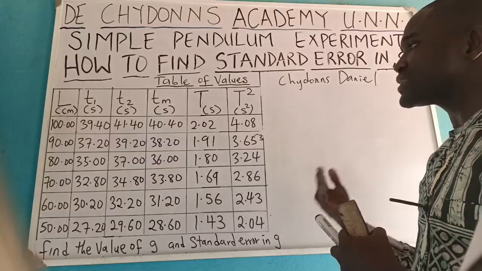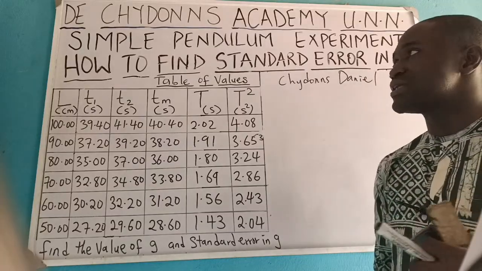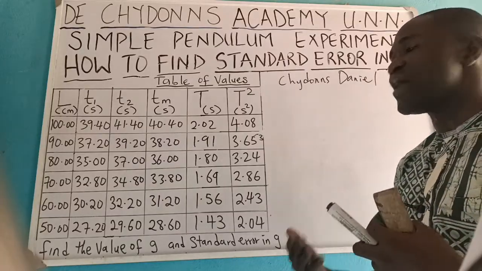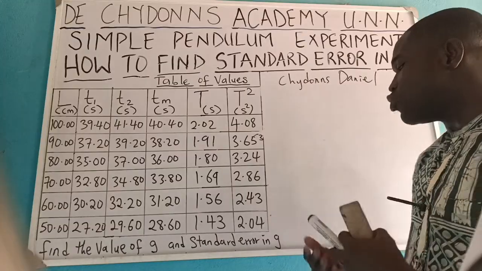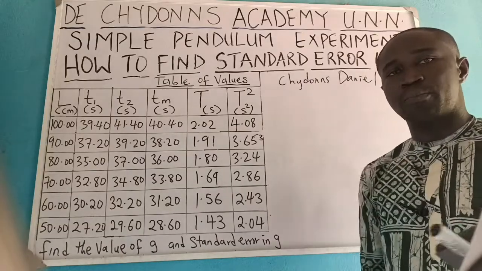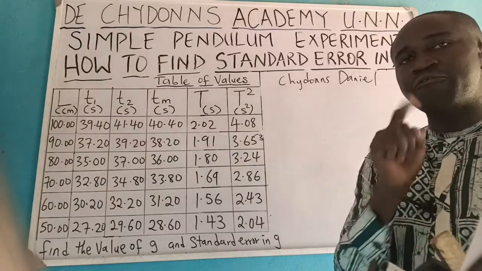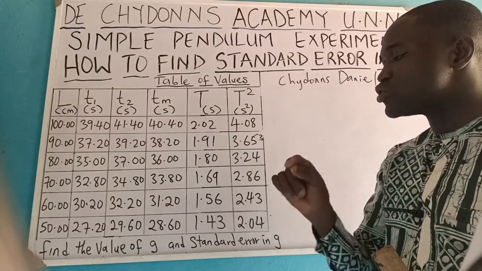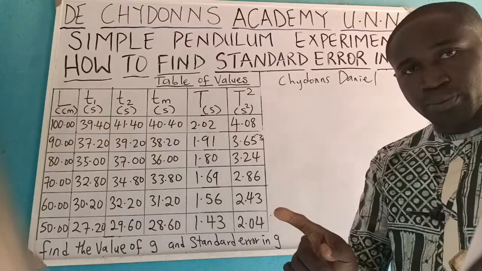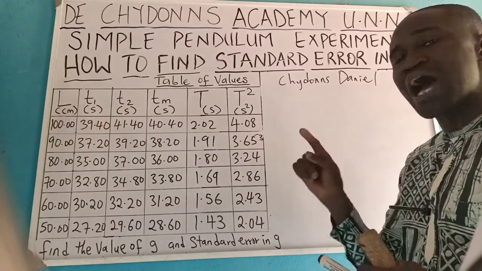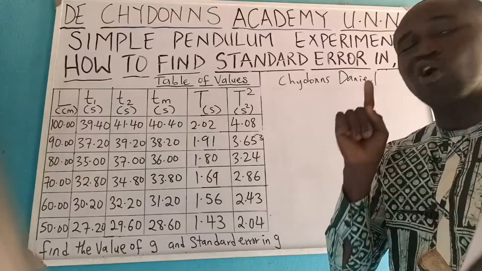Now some persons came to my DM to ask, please, how do we find our G? How do we find error in slope? How do we find standard error in G? In that video, I discussed how to get your slope, and I also discussed how to get your error in slope.